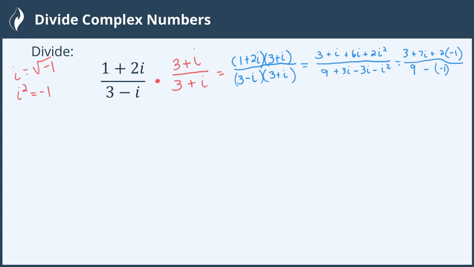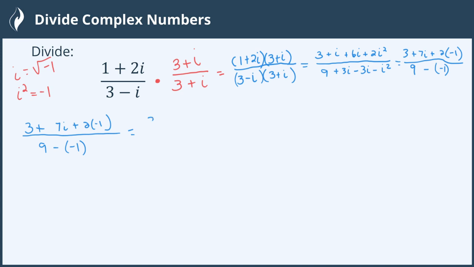Now I'm going to come down here and rewrite what I have up there, just so there's no confusion. So 3 plus 7i plus 2 times -1 on the top, and on the bottom, we have 9 minus a -1. Now we work those through.